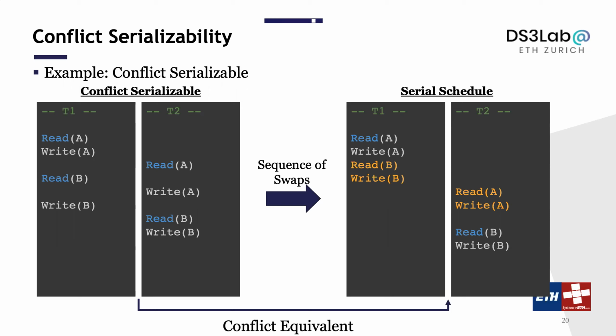If you can do that, we say the schedule on the left-hand side is conflict serializable. That is one example of what we mean by conflict serializable: you can do a sequence of swaps of adjacent non-conflicting operations such that you get to a serial schedule at the end.